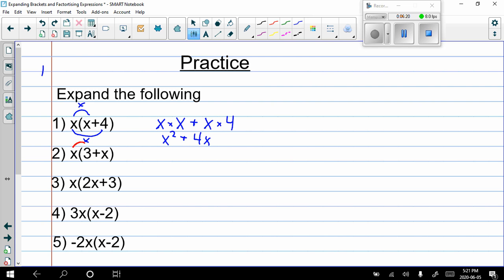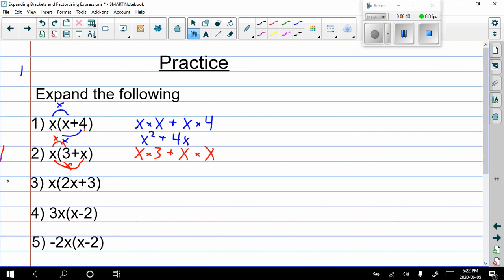Second one, we have x times 3. Then we're going to put our plus sign, and we're going to do x times x. So that's going to make it so we have 3x plus x squared.